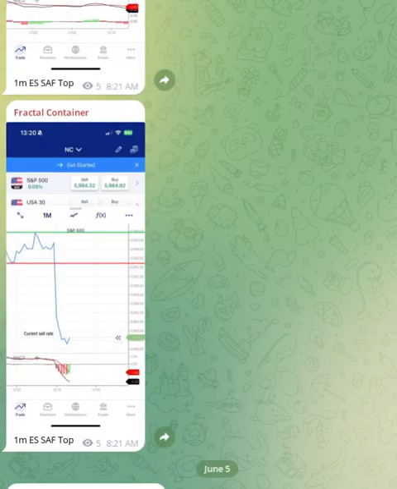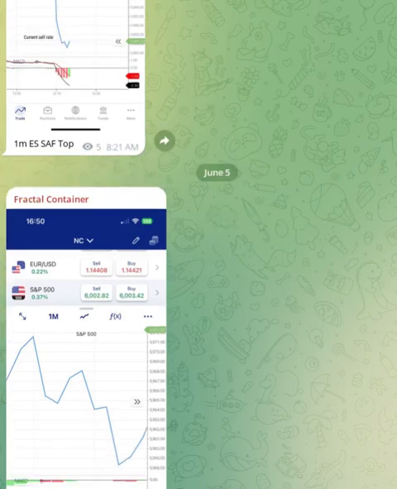Over here we have a 1 minute fractal. Okay, now the 1 minute fractals can be applied to longer time frames. Okay, so whatever you look at a 1 minute fractal, very likely you'll find that on a 20-minute time frame, a 1 hour time frame, or a 4 hour time frame.